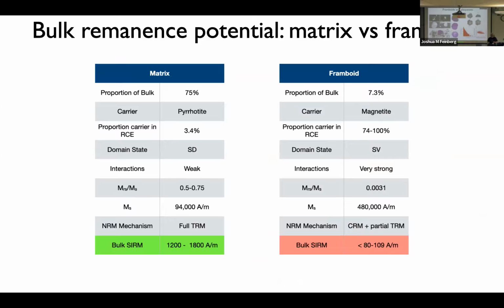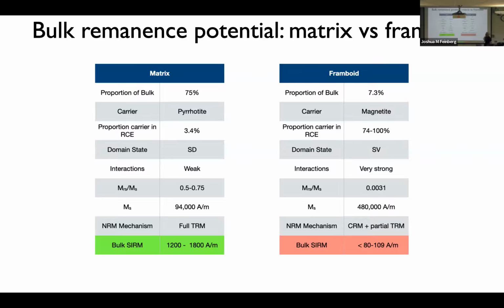Awesome, right? And then finally, you can start to play some quantitative games. You can say, well, okay, what is the total remanence-carrying potential of the matrix versus, say, the total remanence-carrying potential of framboids? Now, from our bulk analysis, we know exactly how much of the sample is matrix and how much is framboid from our machine learning segmentation. We know from the EDS what the main carrier is, pyrrhotite in the matrix, magnetite in the framboids.